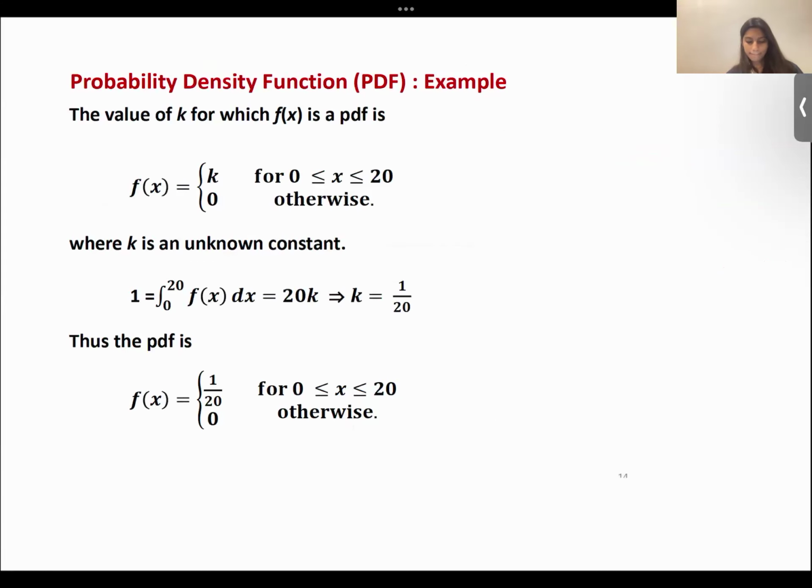So how do you calculate the probability now? Here is the definition. We know that the summation over the whole interval between 0 to 20 would be 1. The probability of this entire integral over the whole interval would be 1. So now we use this integral of f of x dx. We know that f of x is the probability density function.